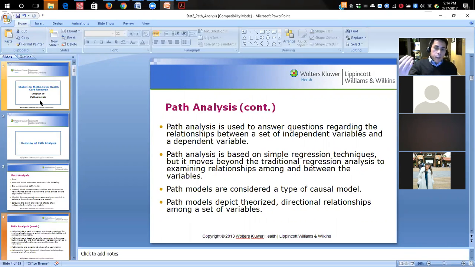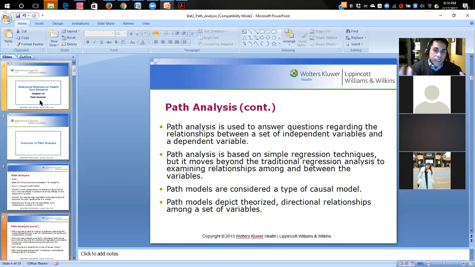So when you do a path analysis, you need to really have a profound understanding already of the independent variables. You theorize your independent variables.